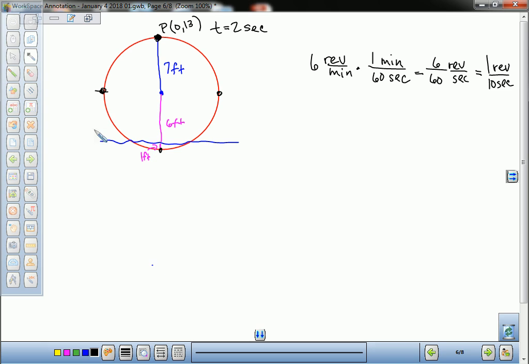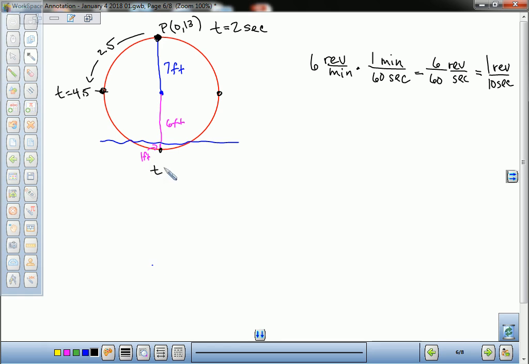So what would the time be there? We said if it takes 10 seconds and we're dividing this up into 4 quadrants, then it would take 2.5 seconds to go from here to here. So the time at this point would be 4.5 seconds, because we were at 2 right here. 2 plus 2.5 is 4.5.